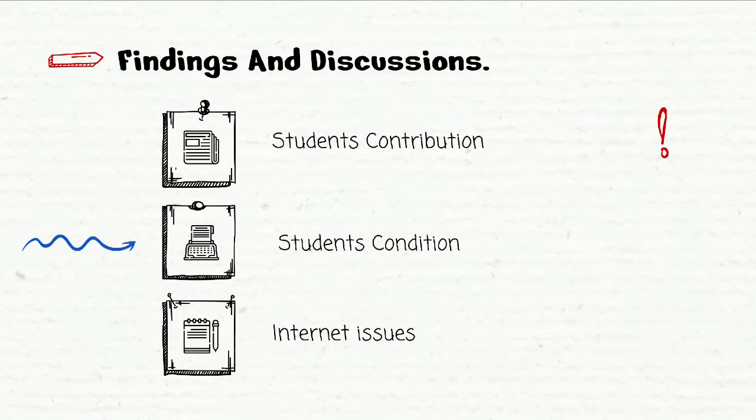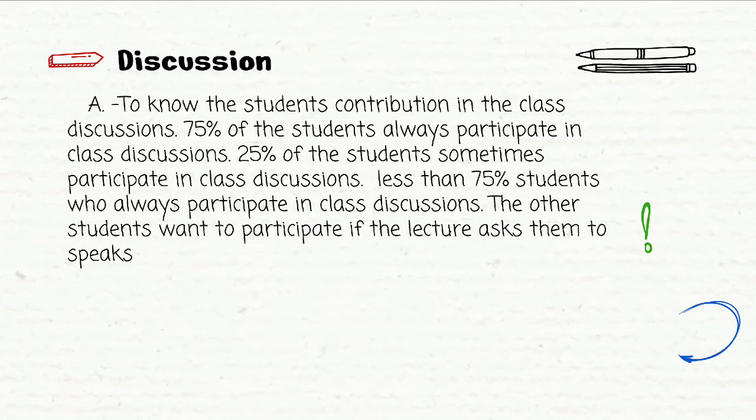Next slide is findings and discussion. Research findings. Number one is student contribution. Number two is student condition. Number three is internet issues. The next slide is to know the student contribution in the class discussion.